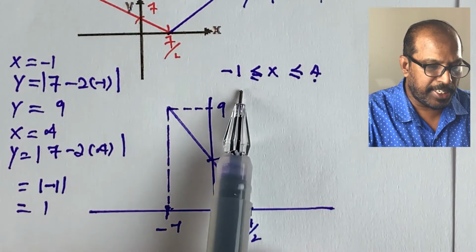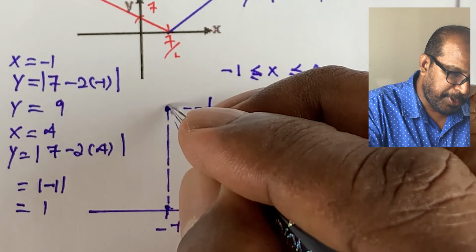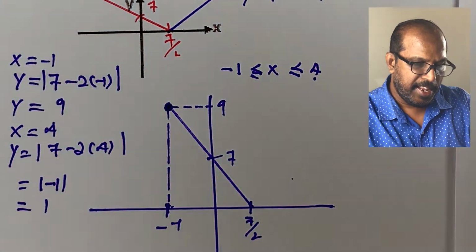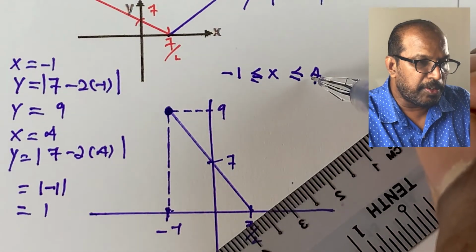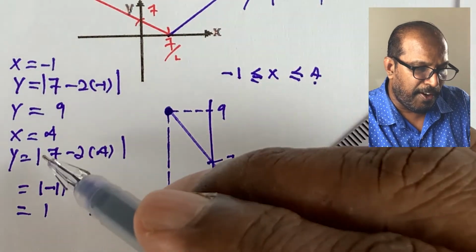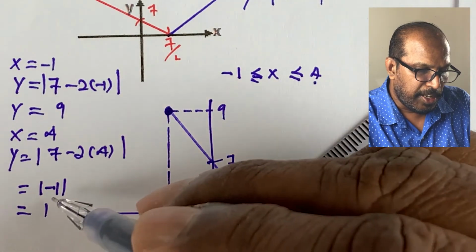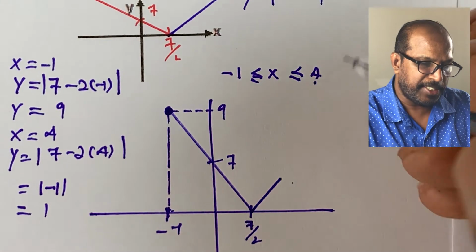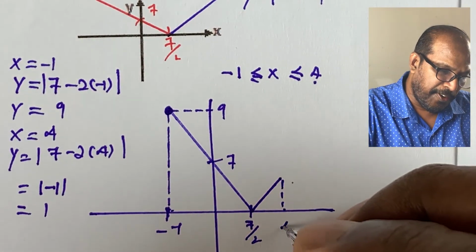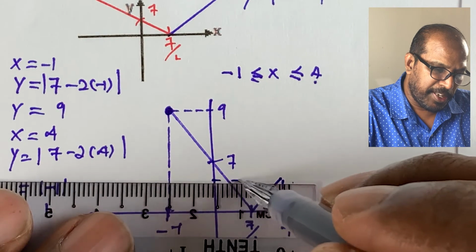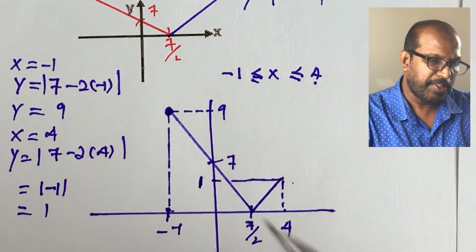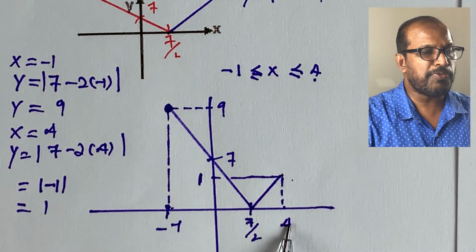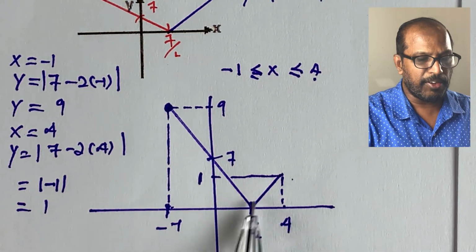Since -1 is included, this must be a black dot here, which means 9 is also included. Then I go to 4. When x equals 4, y equals -1, and the modulus of -1 is 1. Therefore it comes to 1, so it's something like this. This coordinate is 4, and this coordinate will be 1. So now I have sketched the graph between -1 and 4, and the graph will look like this.